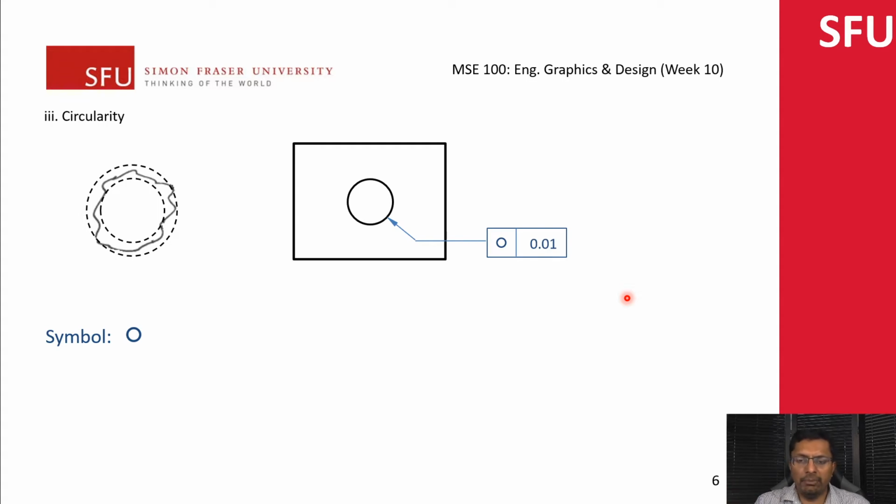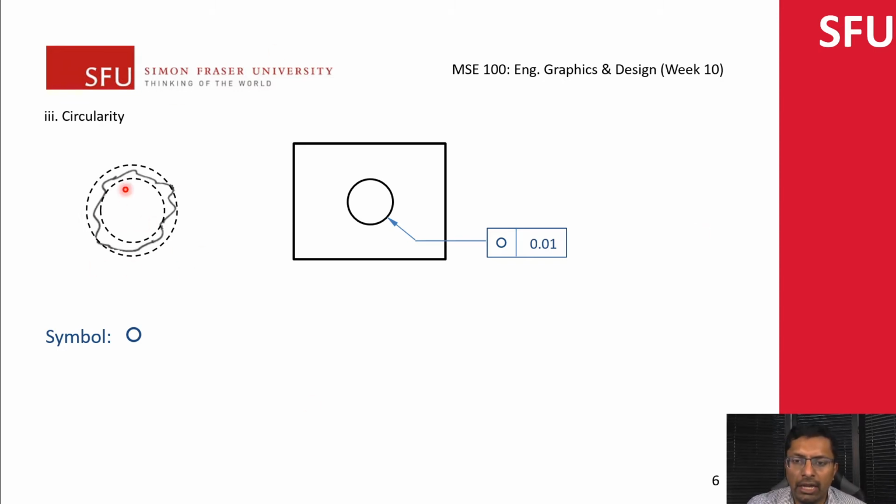What it actually means is that if I take any cross section of this cylindrical surface, so typically if you're manufacturing a part, it's going to have a 3D form, right? You take any cross section, and any variation in the cross section needs to lie within these two theoretical circles.